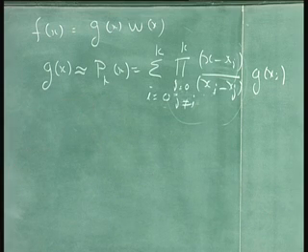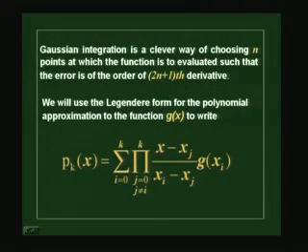Now we can choose the x values at which the function has to be evaluated as the zeros of this polynomial. That is the basic idea of Gaussian integration. We will see that now.